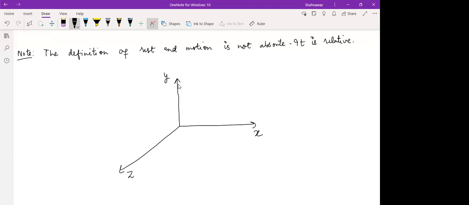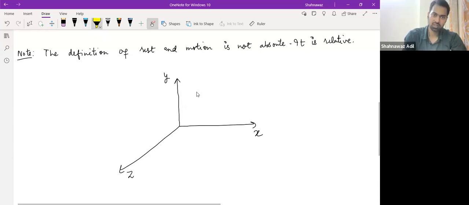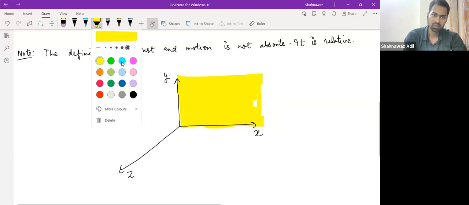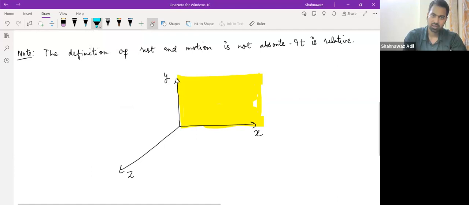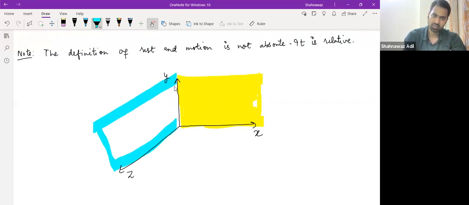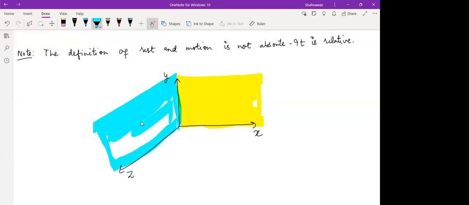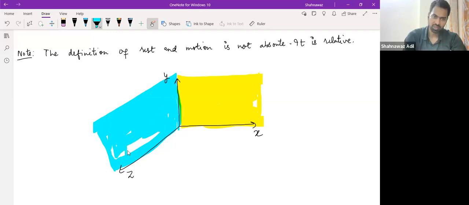Yes, sir. So this is the XY plane, right? This plane is the XY plane, and this plane, this is which plane? YZ plane, right? So this is the YZ plane.